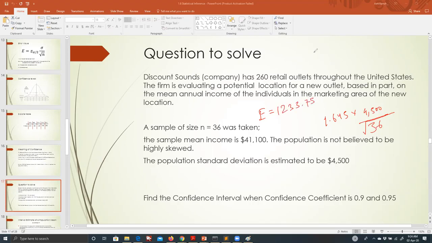So the interval estimate, in case of 90%, is first you take 41,100 plus minus 1233.75. What about 95%?